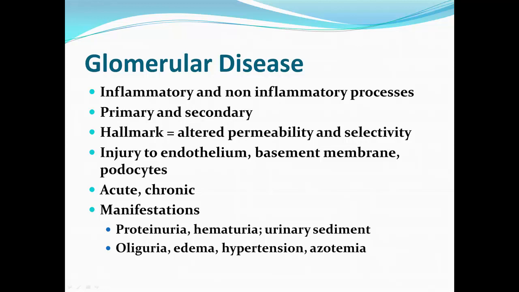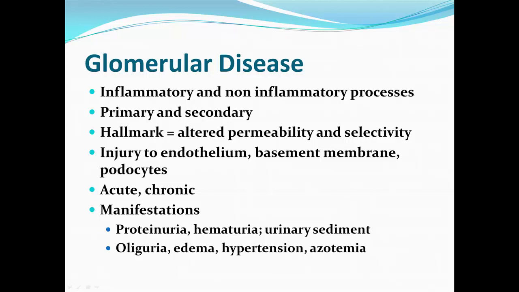Again, remember that the capillary bed is a selective semi-permeable membrane, so when we're looking for the pathology, we're looking at how this pathology is affecting that glomerular membrane, especially the basement membrane. When we see glomerular disease pathology, we're looking for injury to the endothelium, absolutely the basement membrane, and the podocytes.